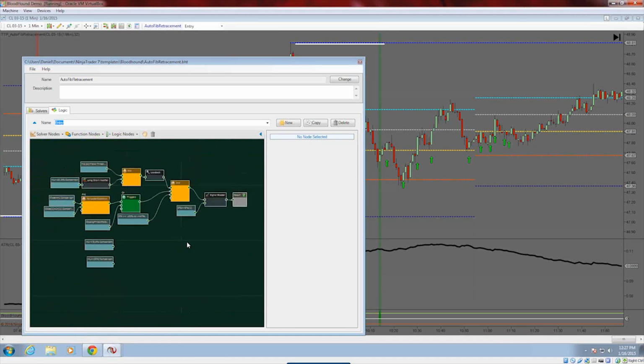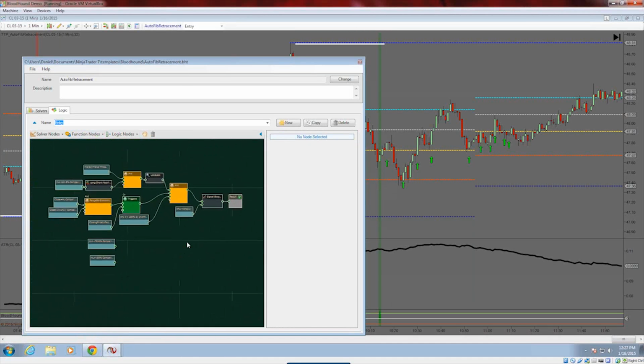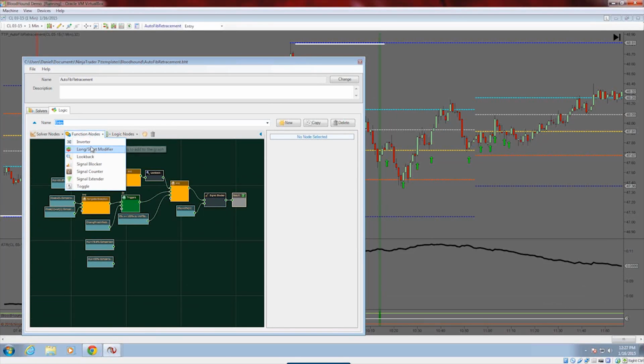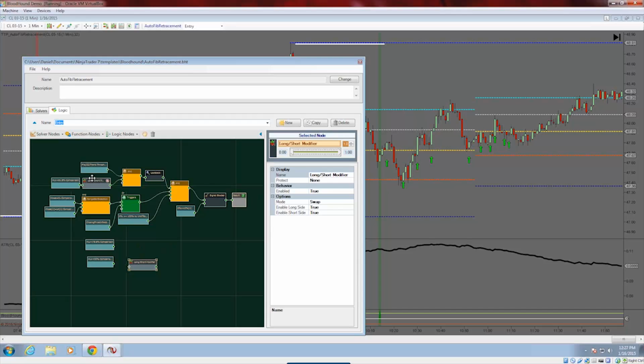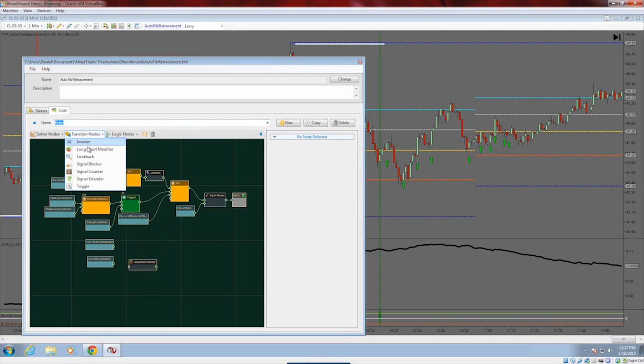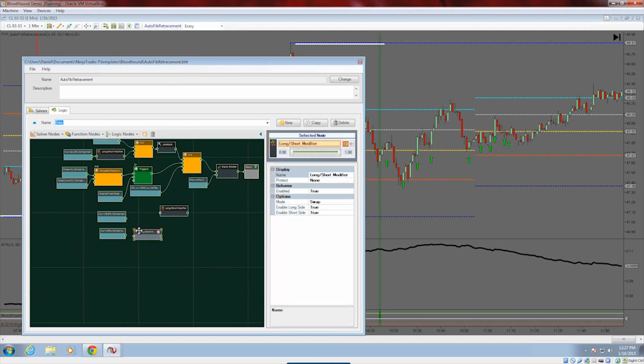Then I just tried to add a long-short modifier. Okay, there it is. So I'll add two of those. We don't necessarily have to have these, but let me just do it anyway.